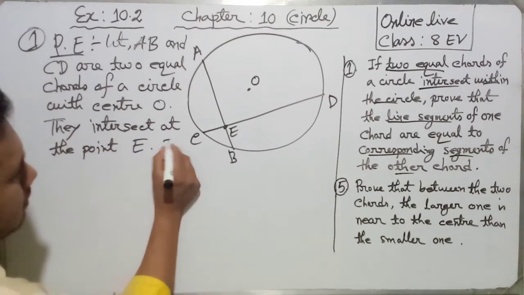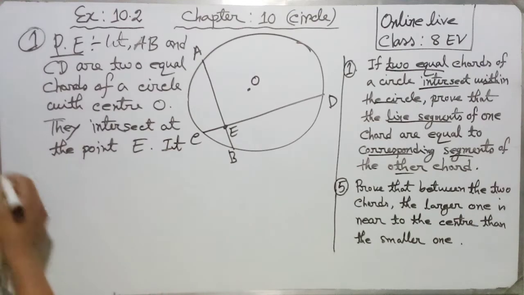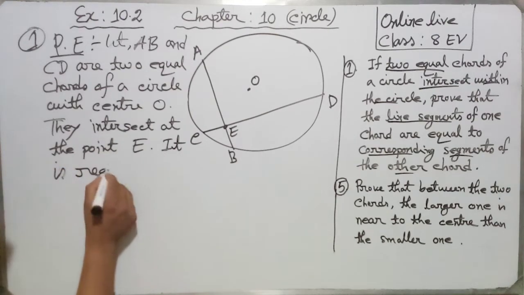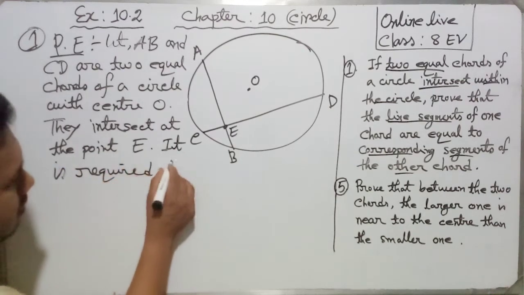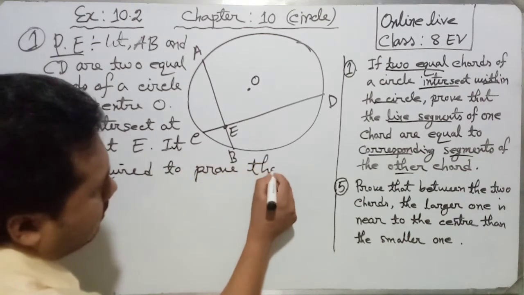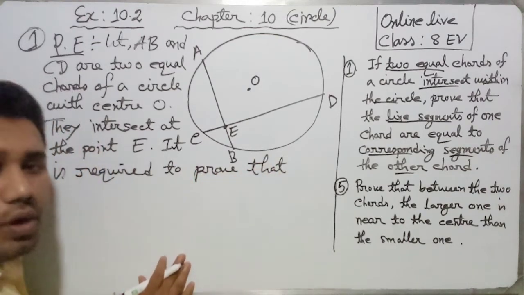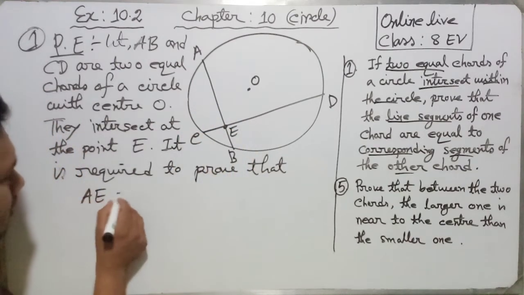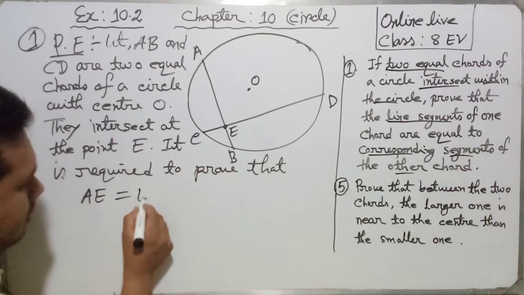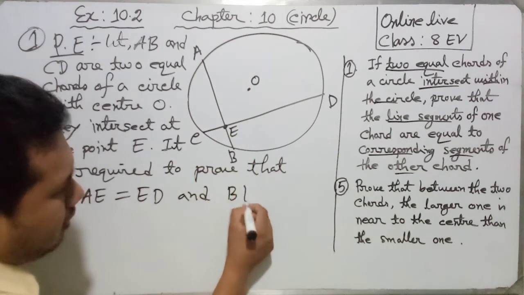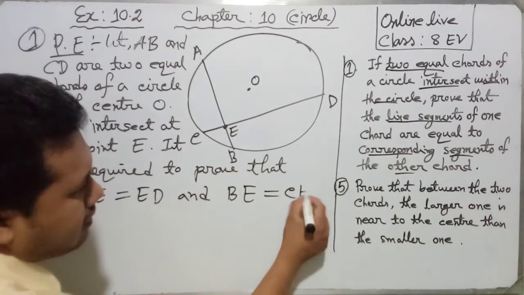Now it is required to prove that AE equals ED and BE equals CE.